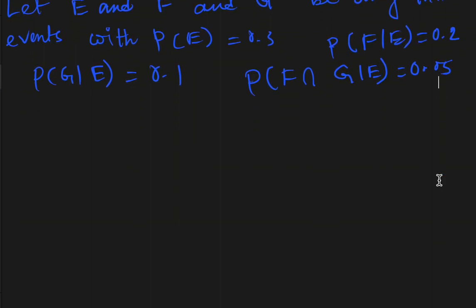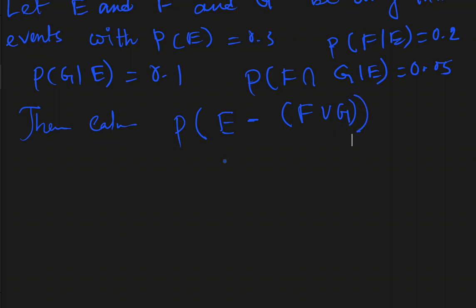Then we have to calculate what is the value of P of E minus F union G. That's it. How to calculate it?